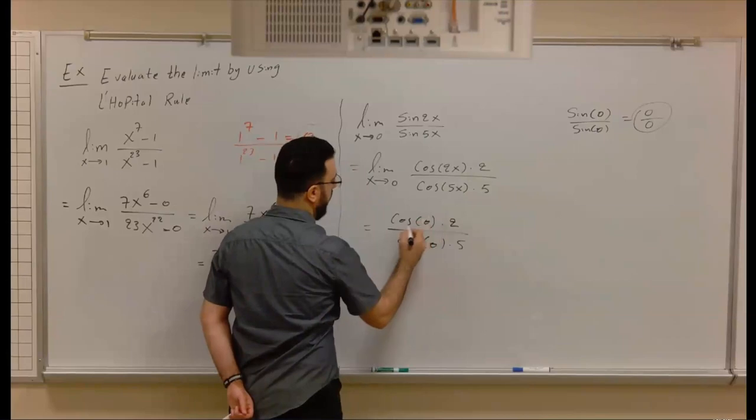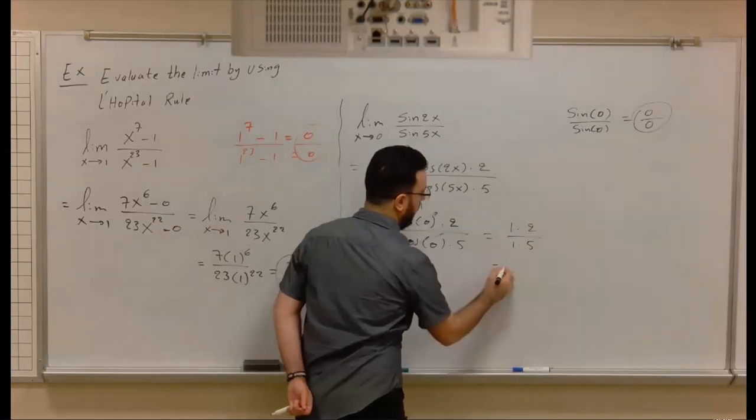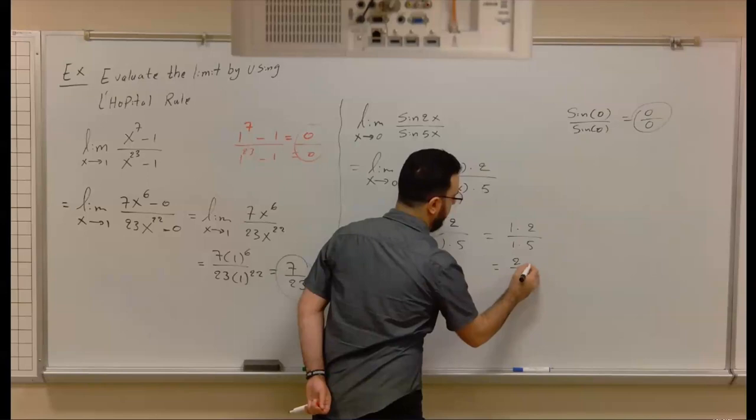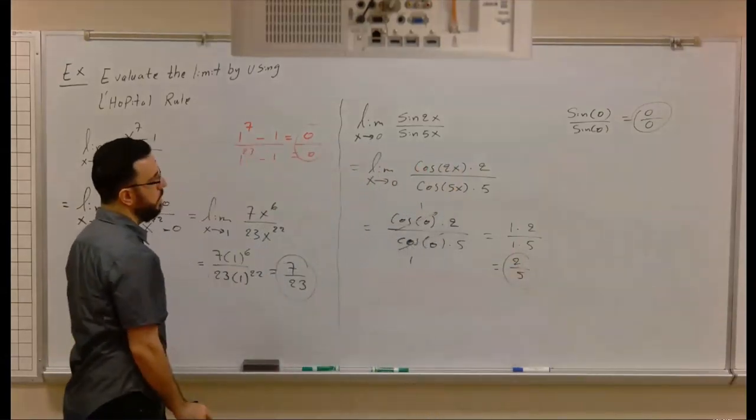This is 1, and this is 1. So the result is going to be 1 times 2 over 1 times 5, which is 2 over 5. So here is the limit for sine 2x over sine 5x by using the L'Hopital rule.